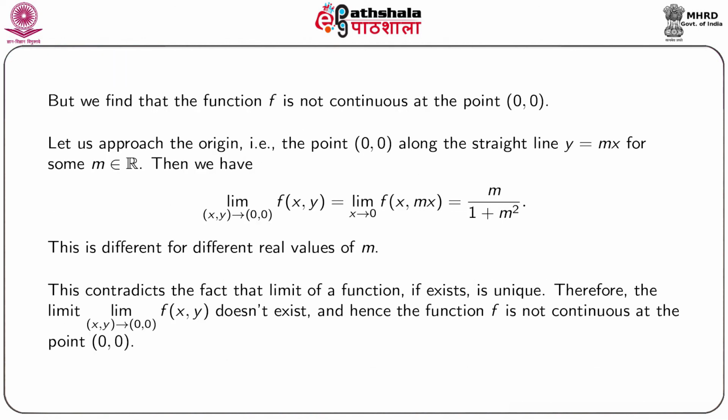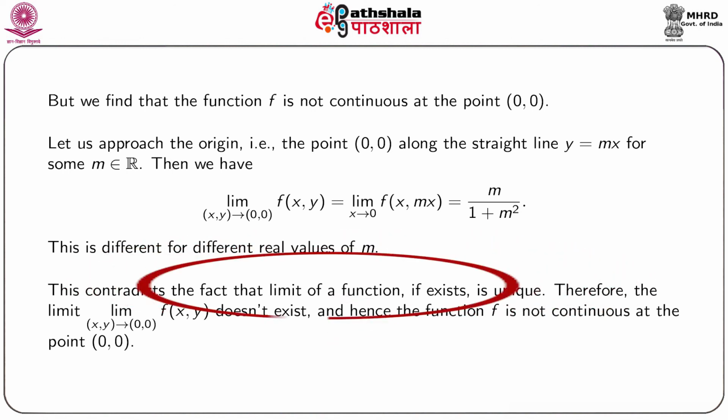But we find that f is not continuous at the point (0,0). To show, we approach the origin along any straight line y equal to mx, and we find that the limit of f(x,y) as (x,y) approaches origin is m by 1 plus m square, which has different values for different values of m.